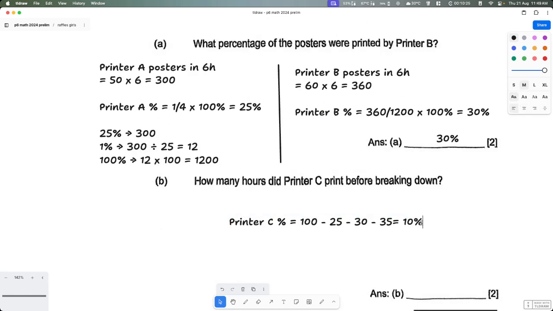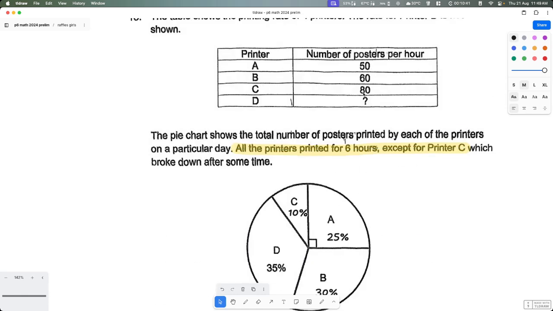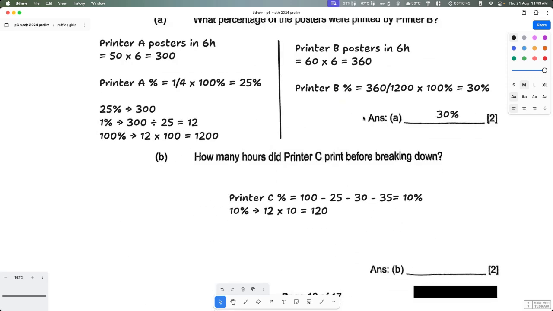So then 10% is equal to 12 times 10, which equals 120. So how many hours did printer C print? Printer C prints 80 posters per hour.